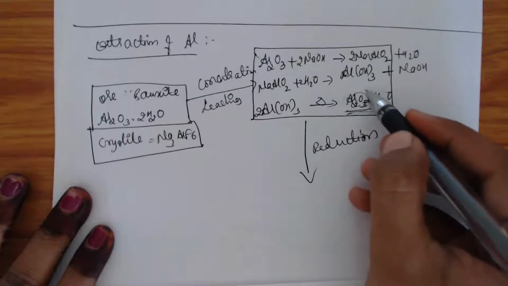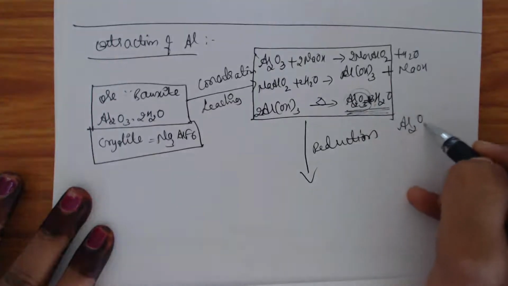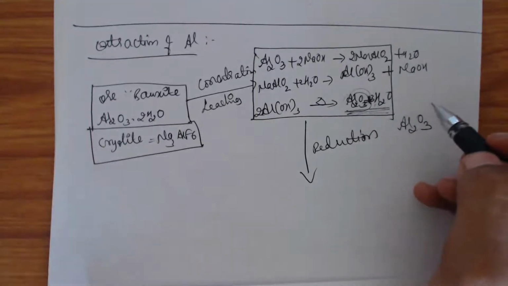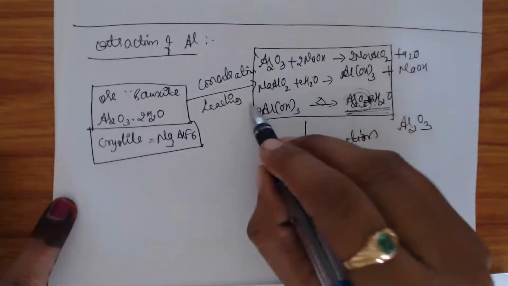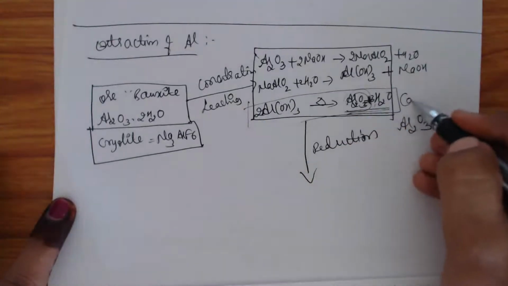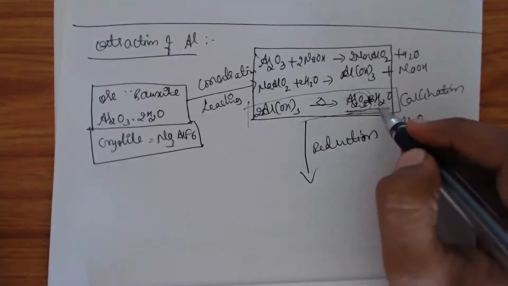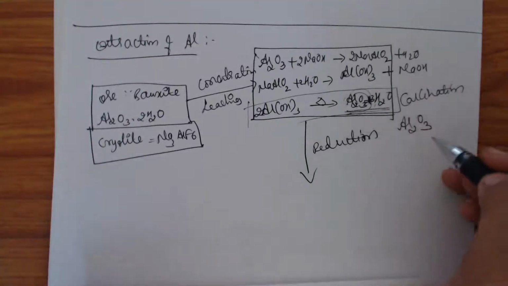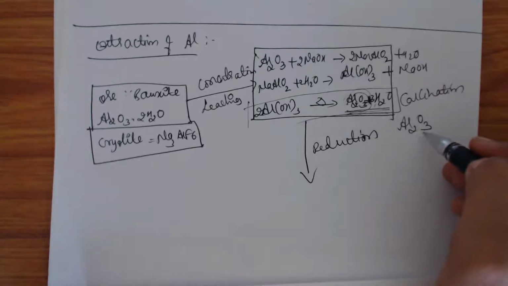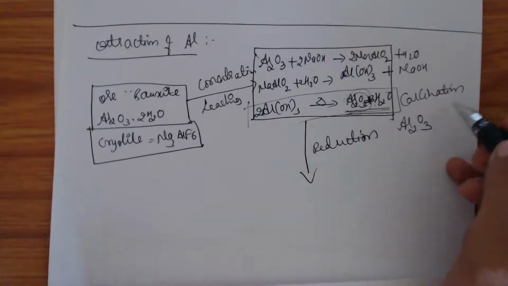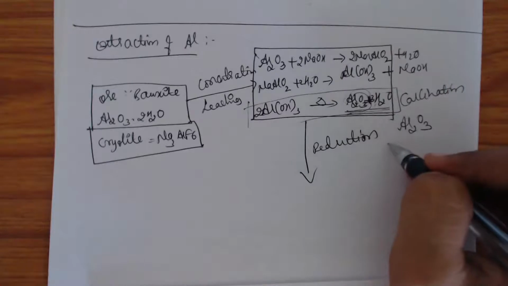This is already an oxide ore, Al2O3, so upon heating it undergoes calcination. The hydrated ore becomes anhydrous, giving aluminium oxide.